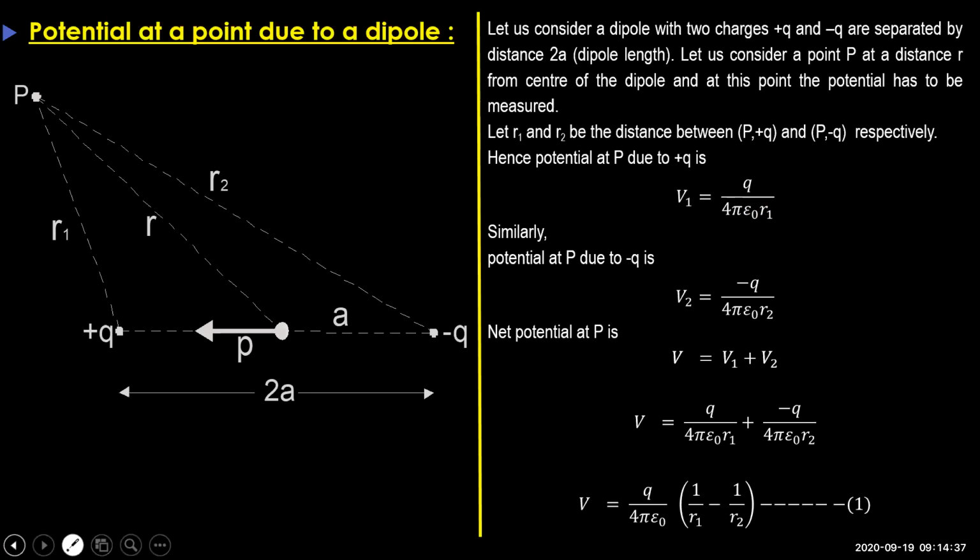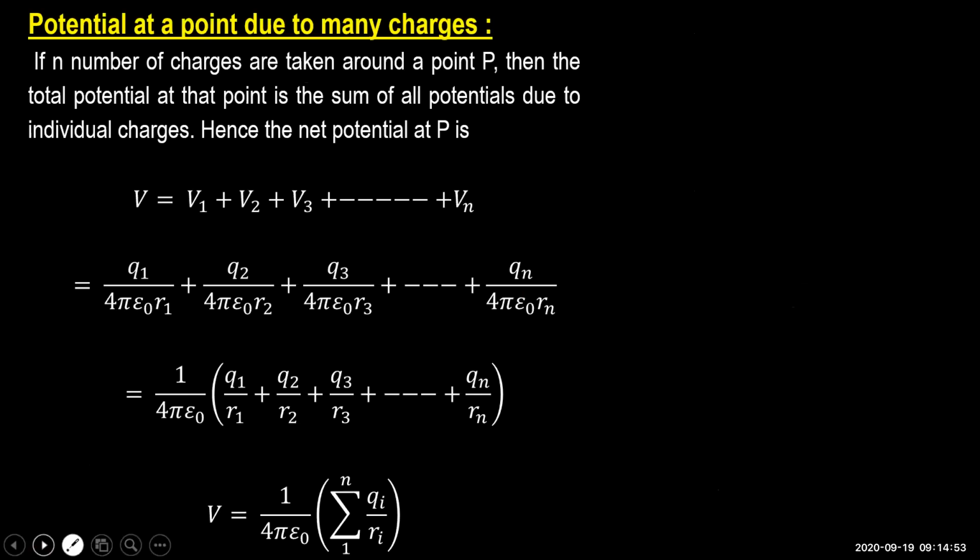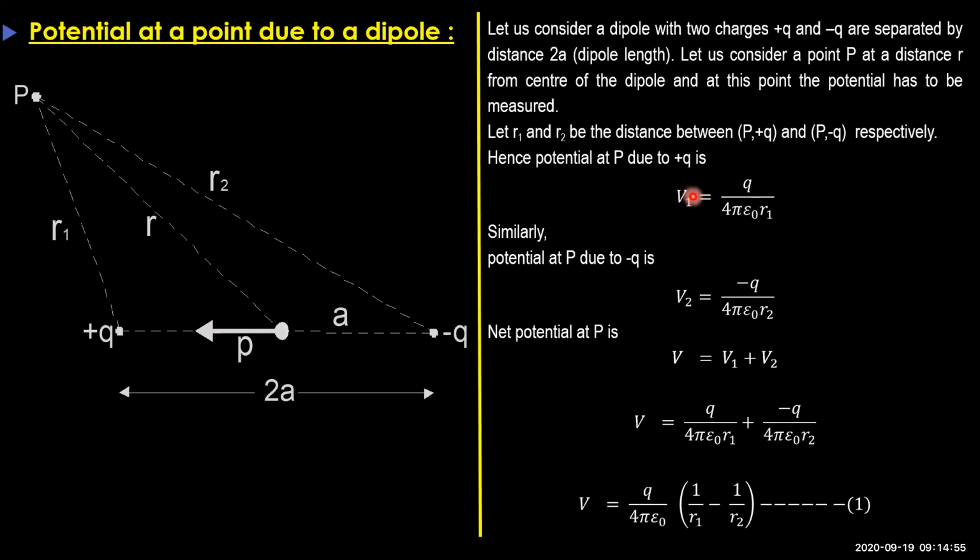That is according to the previous derivation, where the result for potential at a point due to a charge was V is equal to Q by 4 pi epsilon naught R. Using the same equation, we took V1. Similarly, potential at point P due to the other charge, minus Q, is given by V2 is equal to minus Q divided by 4 pi epsilon naught R2.